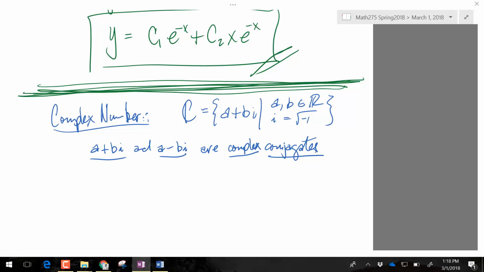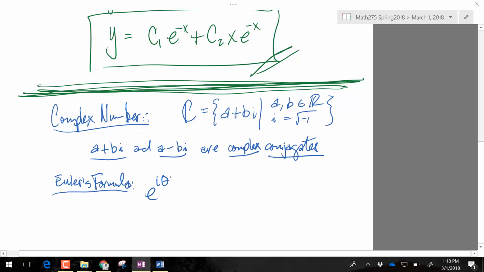We could take a look at graphing them and stuff like that, but we'll skip over that. So we're going to be dealing with complex numbers with exponential functions involved. So we should probably know what e to the i theta is going to equal.